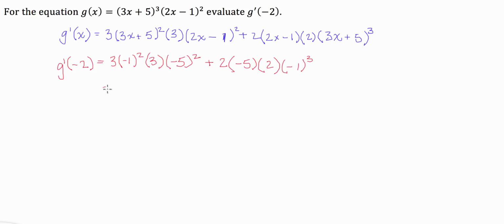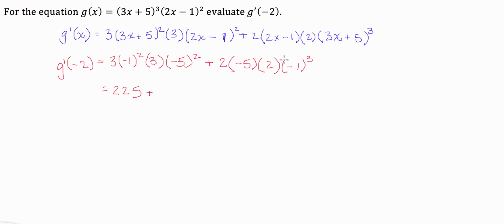You then continue the multiplication and go -1 squared is +1, times 3 is 3, times 3 is 9, times -5 squared, which is 25, 25 times 9 is 225.